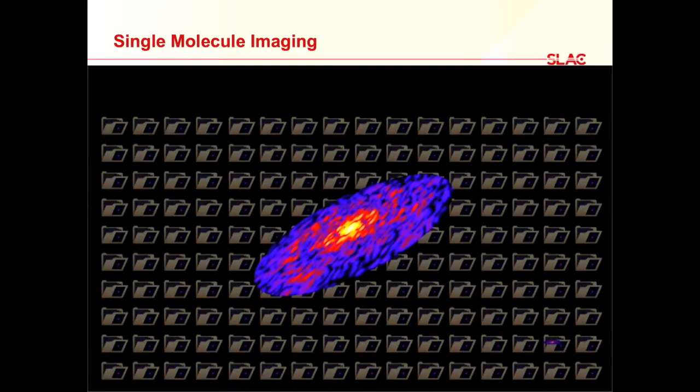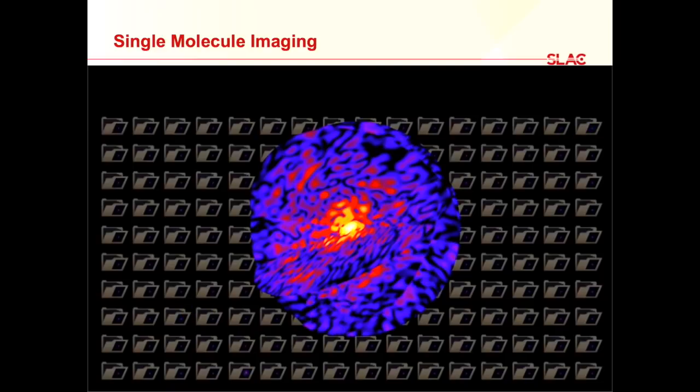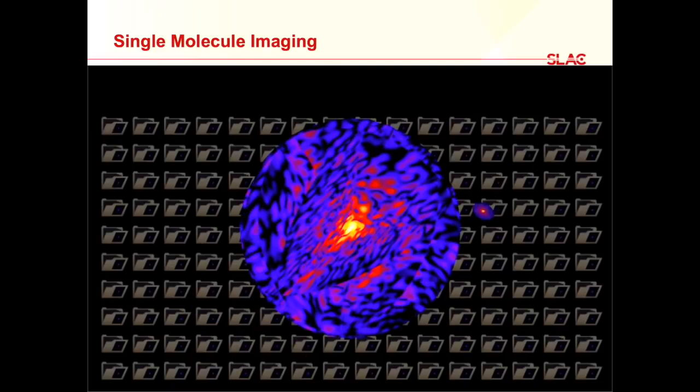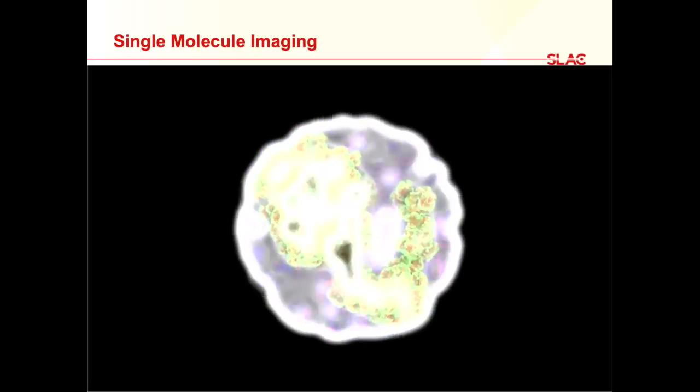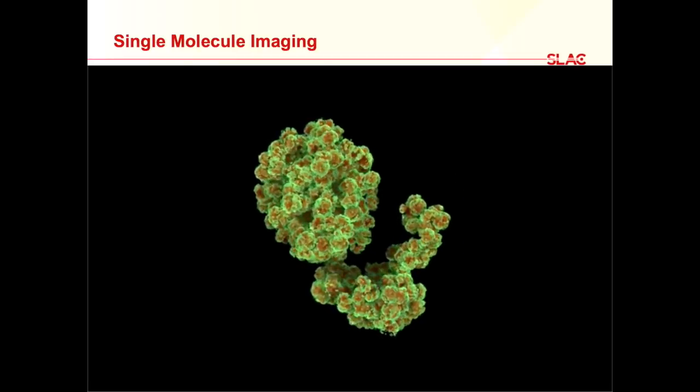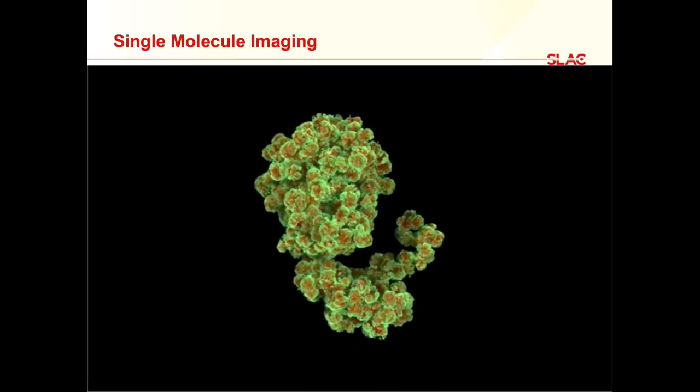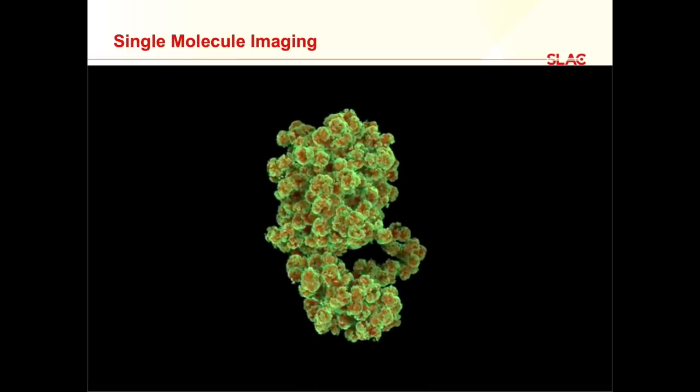And then you figure out the relative orientation of all these patterns and try to build your three-dimensional scattering pattern from this data. Then you press the magic button on your computer and you get the structure at the end. This is basically what we do with crystals now, but we would like to do this with single molecules. First, work our way towards smaller crystals, then eventually single molecules.